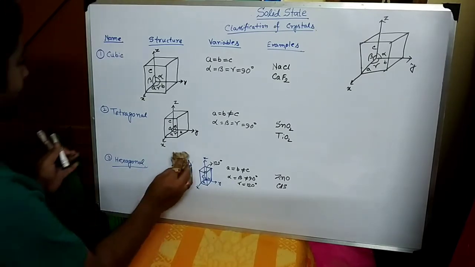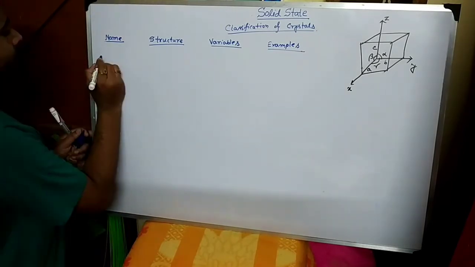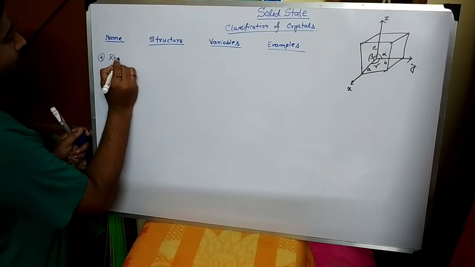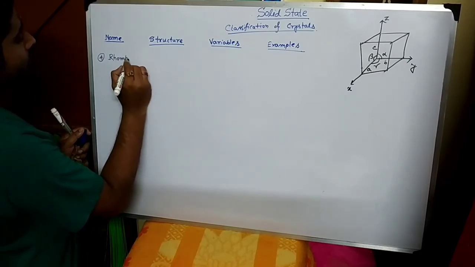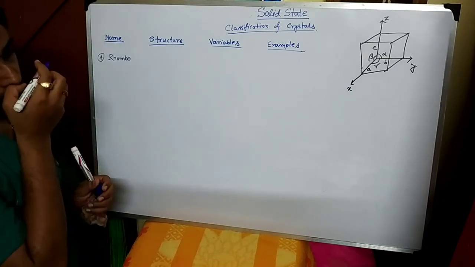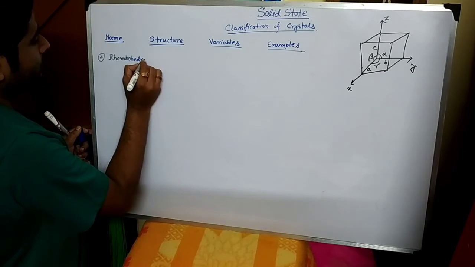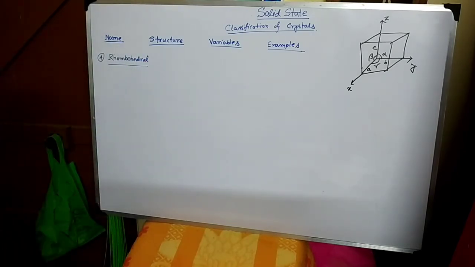Now the other category is rhombohedral. So what will be the structure for rhombohedral?